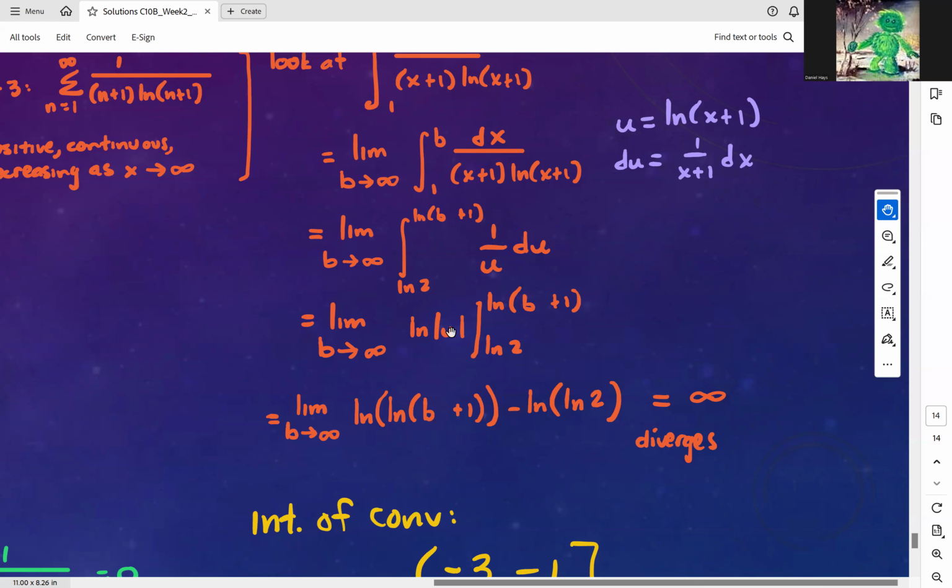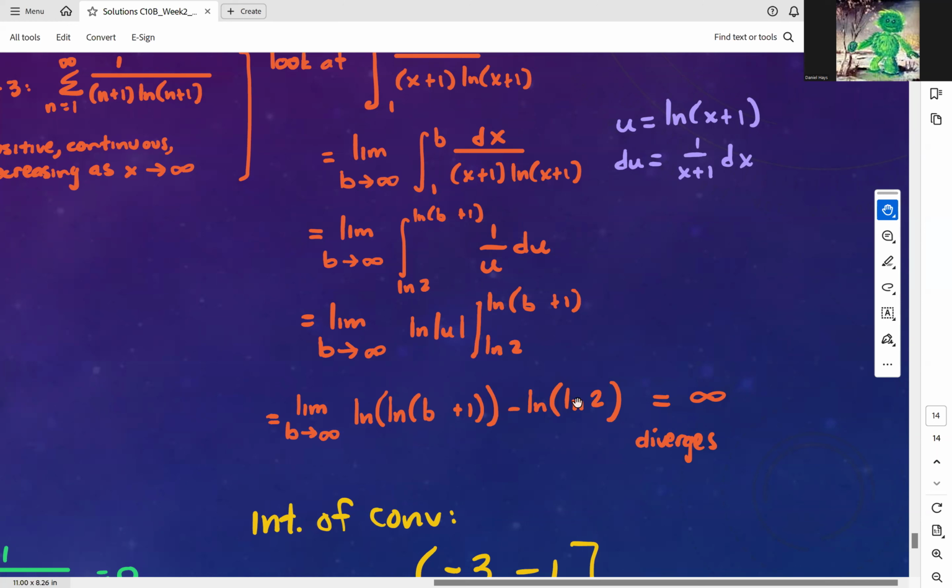From there, I'm replacing u with each of the bounds plugged in. And I see log of log, which, let's not be scared of that. It's an extremely slow growing function, but it does still grow infinitely. So just this first term here, as b gets bigger, bigger, bigger, this first term goes to infinity.